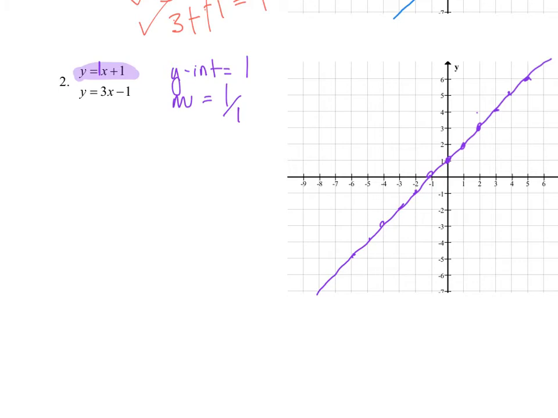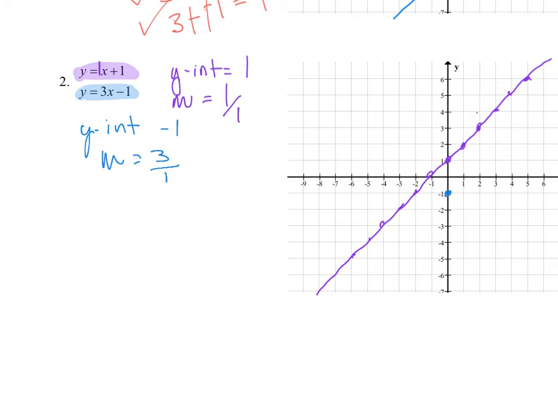Okay, moving on to our blue equation. On this equation, we have a y-intercept of -1 and a slope of 3. So that's a rise of 3 over a run of 1. So we're going to plot our -1, count off our slope.